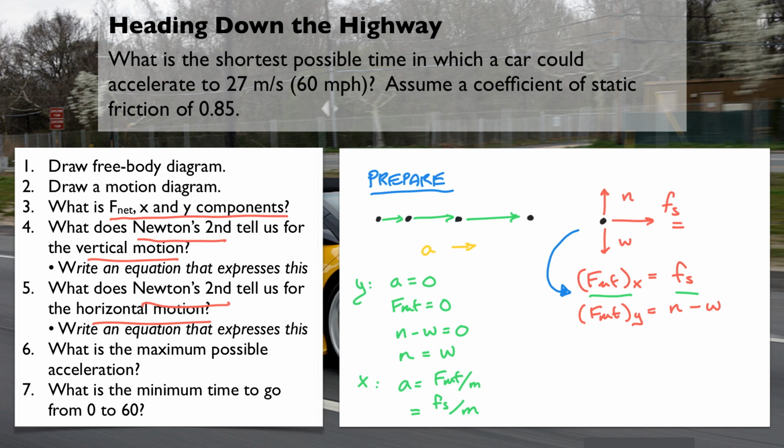Now these two equations, n is equal to w, and the acceleration is equal to Fs over m, are two things that we can take forward to the next phase of our problem solving, which is the actual solve step. So we're going to hang on to those two, but we're going to get rid of everything else, because the next piece of the puzzle is solving.